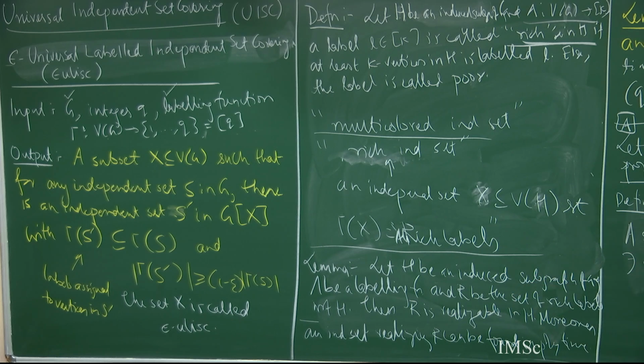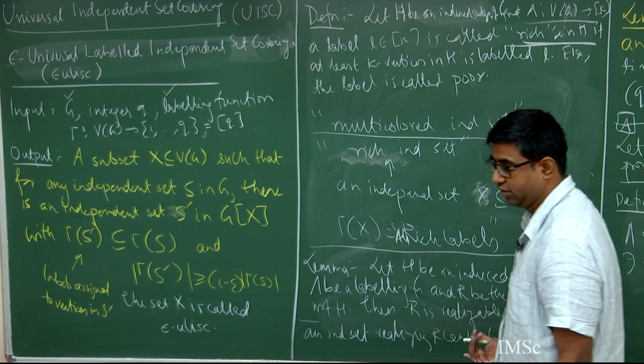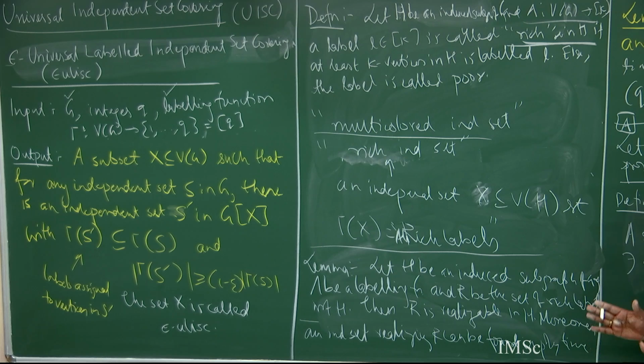So suppose we had this. What will be our strategy? Now what could be our potential strategy? It looks like we can pack rich labels. If there are lots and lots of rich labels, most of the labels are rich, then you should be happy.